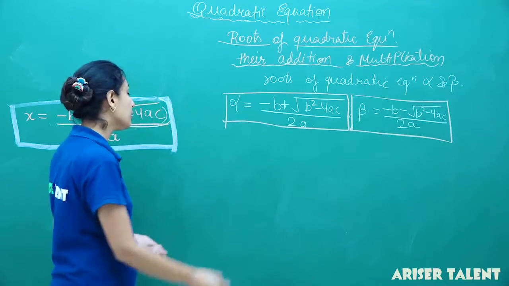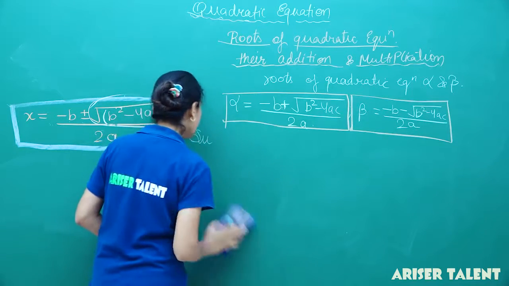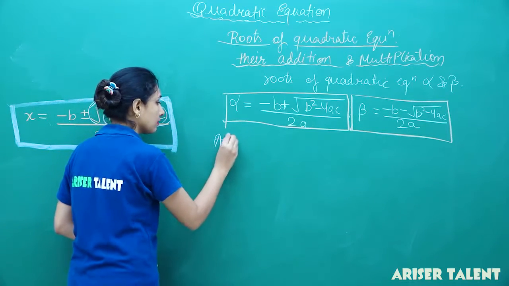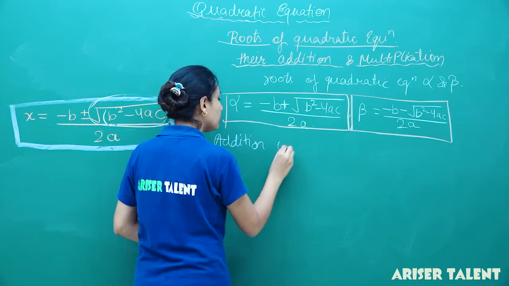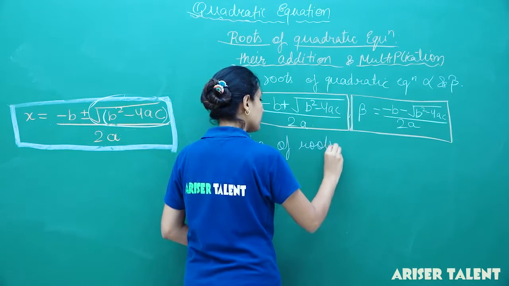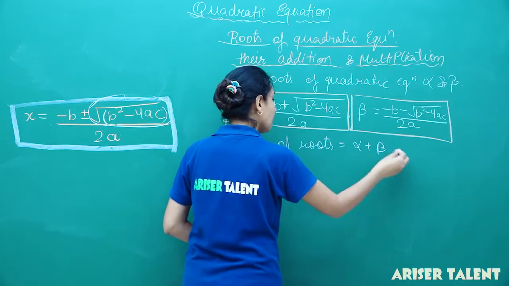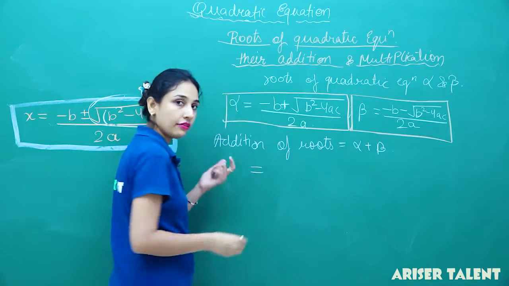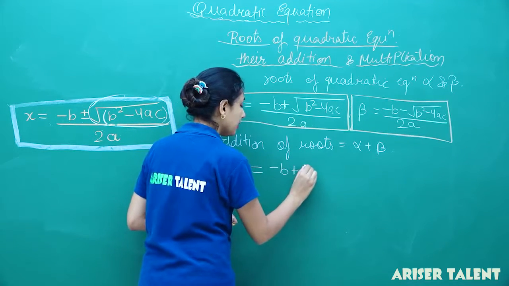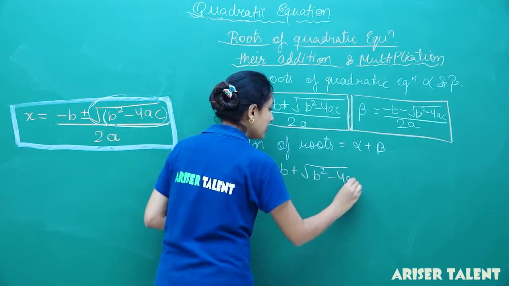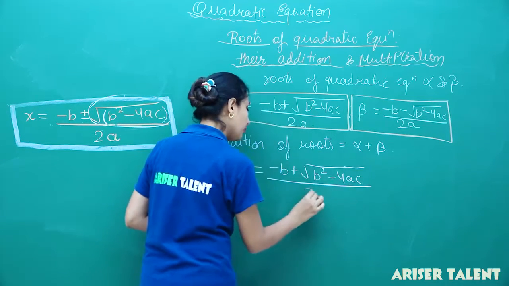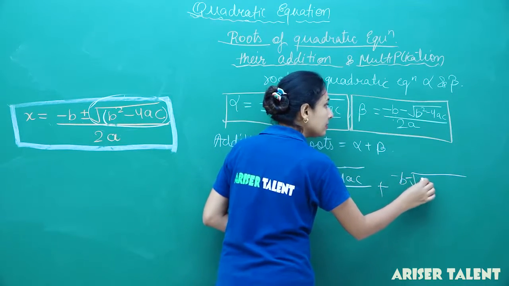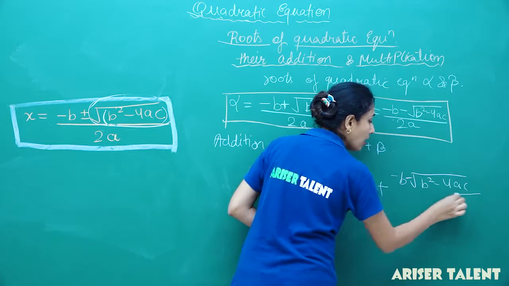Okay. Now, summation of roots, or I can write addition of roots. Addition of roots is alpha plus beta. Now, you just have to put the values here. The value of alpha is minus b plus root of b square minus 4ac upon 2a, plus minus b minus root of b square minus 4ac upon 2a.